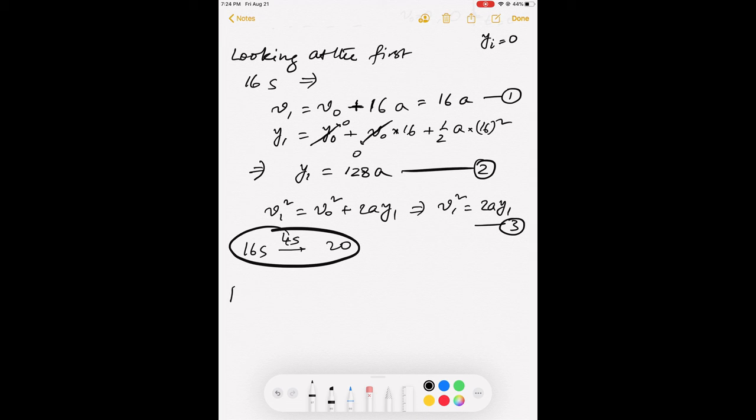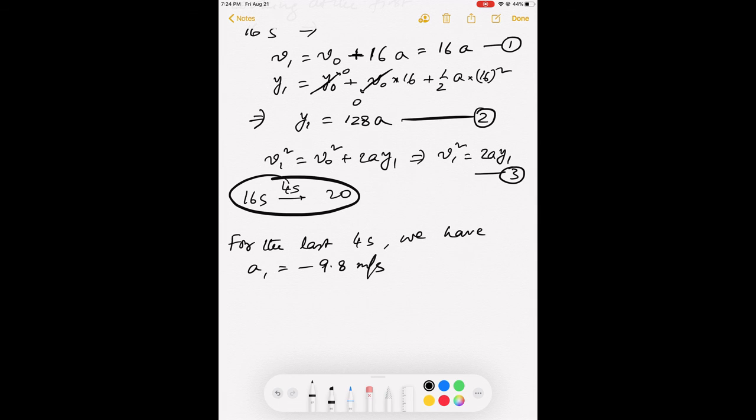For the last 4 seconds we have acceleration, and we can call it a1. We have already named it a1, that is 9.8 meters per second squared downward, so it's a negative sign.